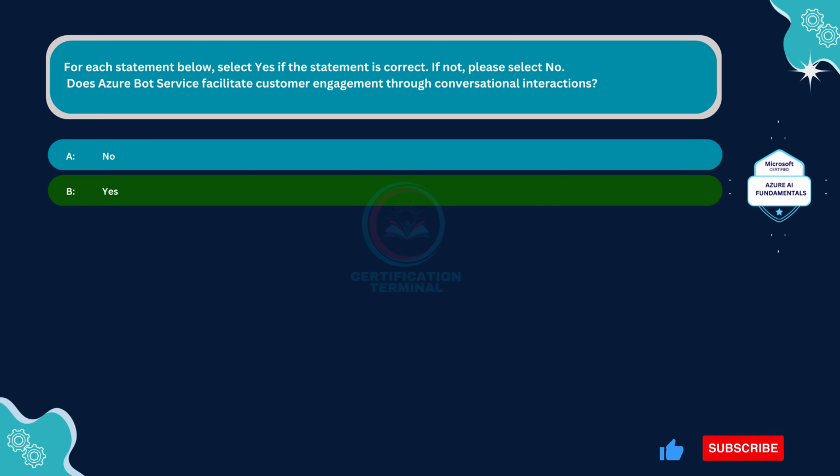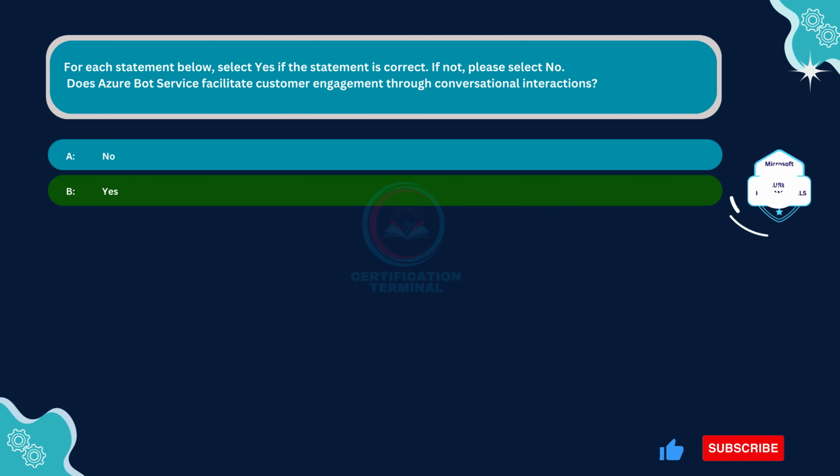Azure Bot Service is a cloud-based platform provided by Microsoft Azure for building, deploying, and managing intelligent bots that interact with users through conversational interactions. Azure Bot Service enables developers to create bots that engage customers in natural language conversations. These bots can understand user inputs, interpret intents, extract entities, and generate appropriate responses using techniques such as natural language processing, NLP, and machine learning.